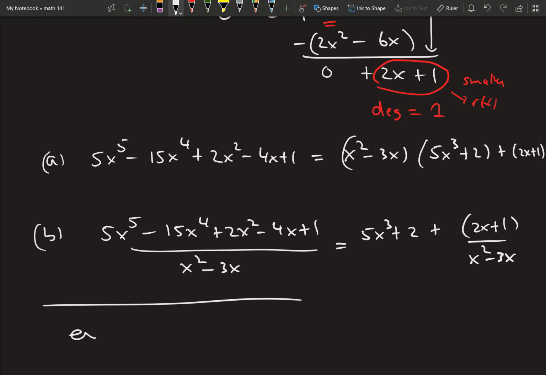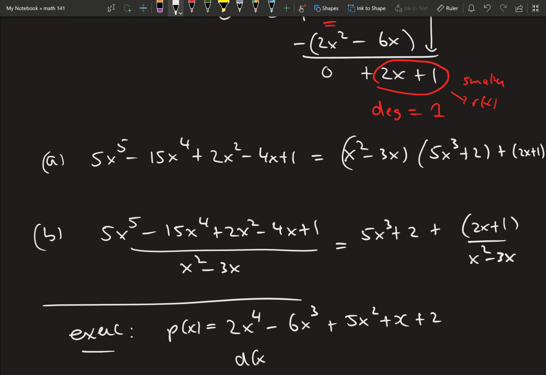So let me leave you here with a little exercise. And the exercise is, suppose p of x is 2x to the fourth minus 6x cubed plus 5x squared plus x plus 2, and d of x is 2x squared plus 1.